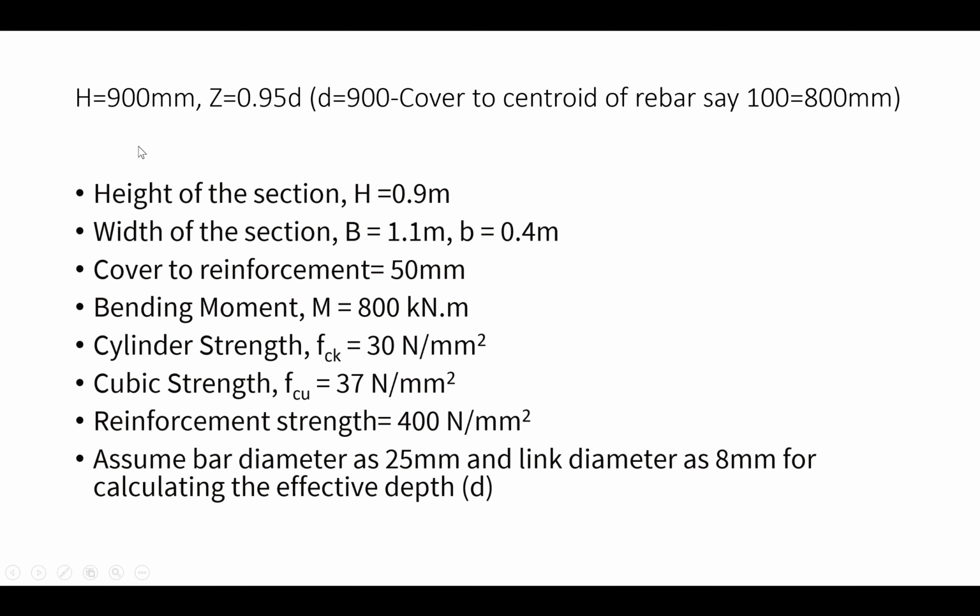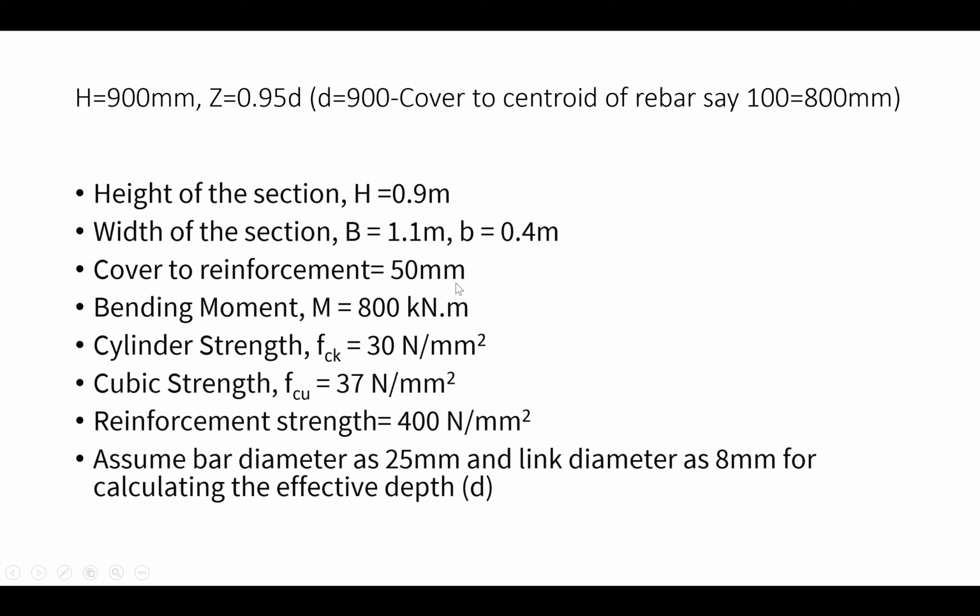Now the first step, we have to calculate the rebar according to the moment method or according to the beam method. We have the height of the section and the width of the section; it is the width of the pile cap and this is the width of the beam. You can design with the width of the pile cap or the width of the beam and compare the results.